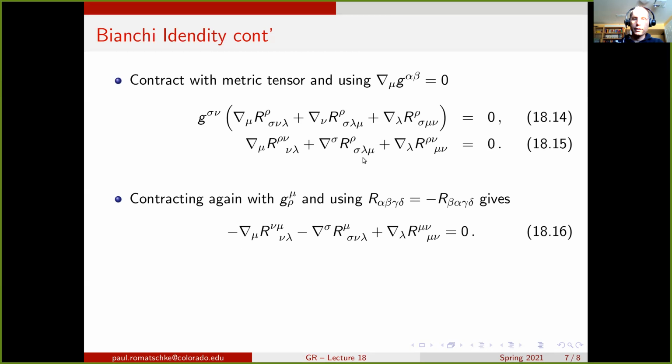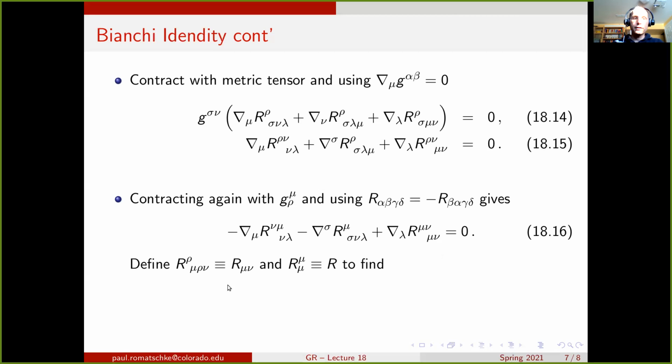Okay, so something must be wrong with that term, but if we look at this third term here, we have g mu rho acting on this last term, and we can replace rho by mu, and we have the mu nu over there, as before. Yes, I think this must be a mu.